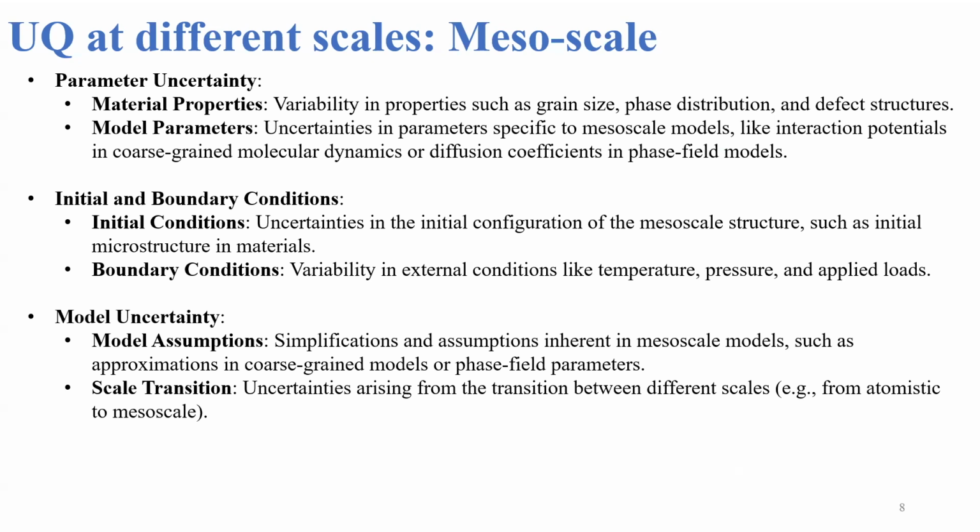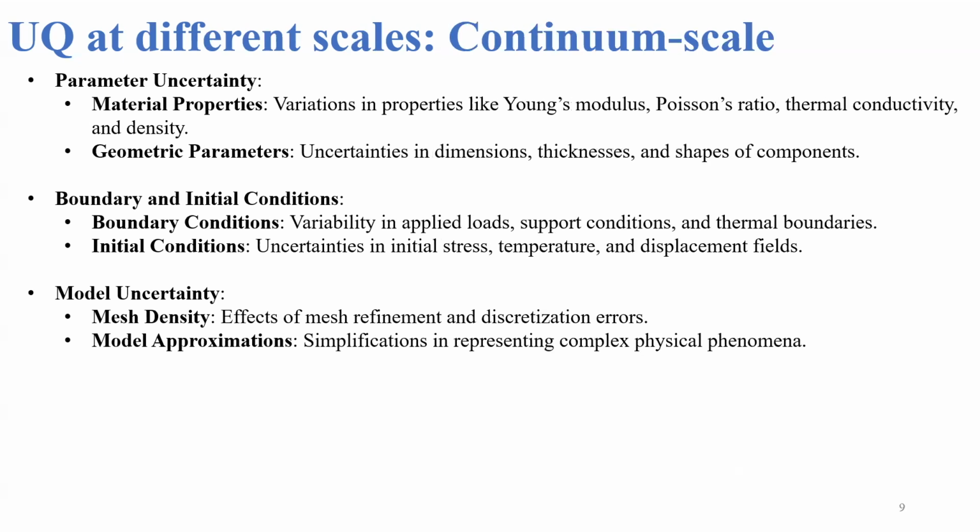Initial and boundary conditions: initial conditions are also important, similar to the atomistic scale. Model uncertainty, of course, model assumptions. Sometimes in phase field or coarse graining, we are having a bead spring model or something similar, so we are inducing a lot of uncertainty because of those approximations. And of course, when we go from one scale to another scale, for example, from atomistic to mesoscale, the boundary between those scales can also lead to uncertainties.